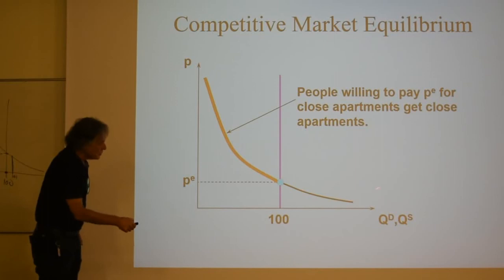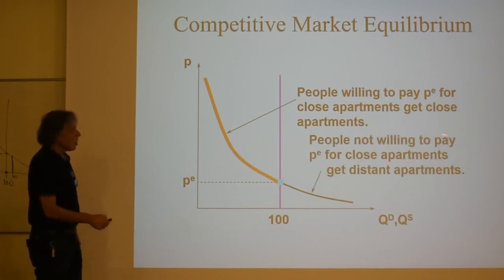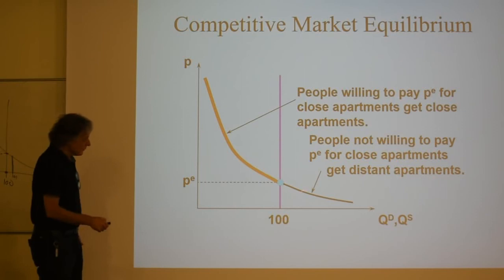What happened to those not willing to pay PE for close apartments? They get distant apartments. They have to live somewhere. So this person, for instance, willing to pay that much, which is below PE, will not be able to buy.